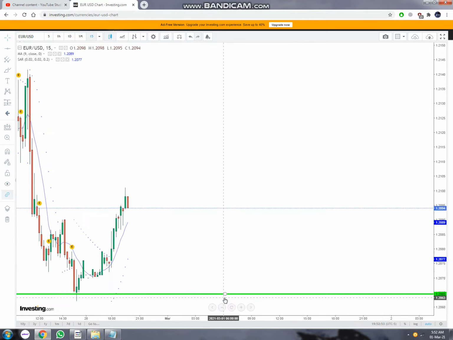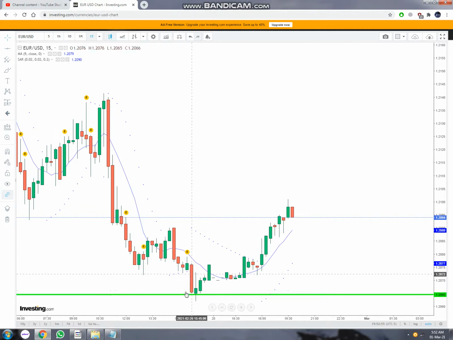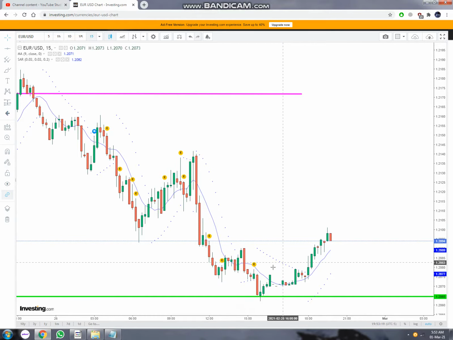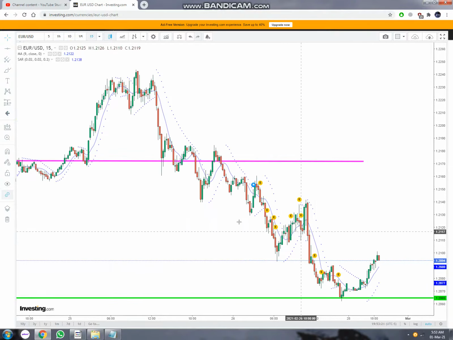When it touched this support level, major price rejections happened beneath the candlesticks, in the wicks of the candlesticks. It didn't go too far, and the bulls won at this level. So it changed its direction to an uptrend, and now it's trading in the upper direction. This is all about technical analysis.